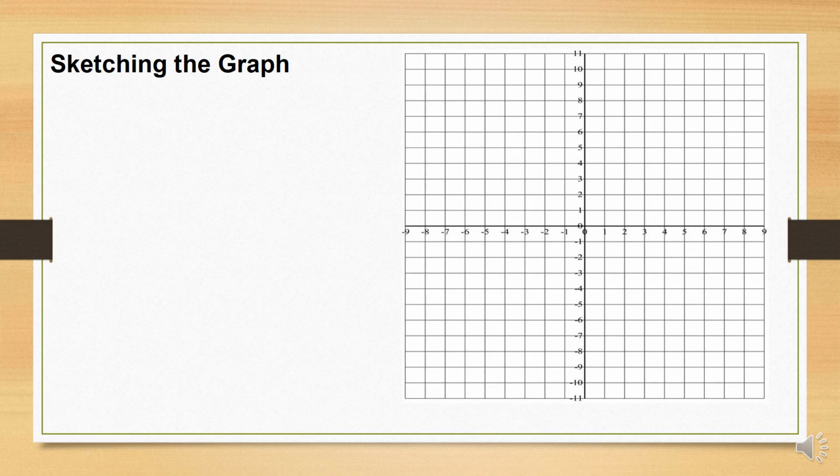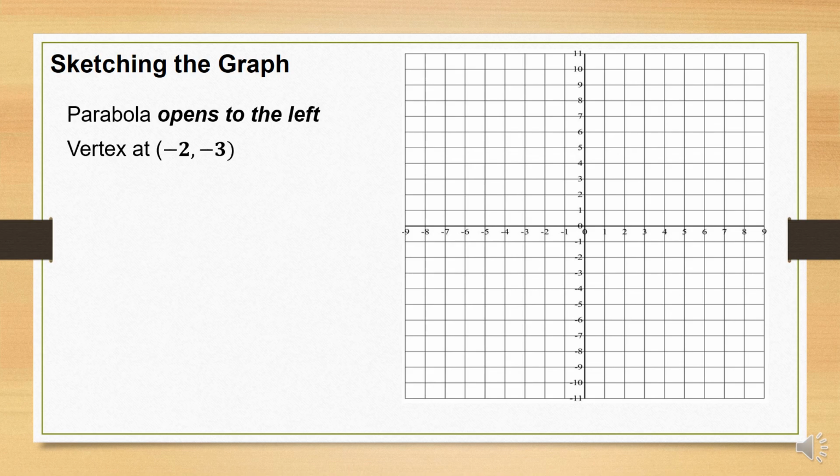Let us now sketch the graph of the parabola. Since we already know the opening of the graph, since it opens to the left, then the vertex at -2, -3. So we're going to locate that in our Cartesian plane. -2 and -3, so nasa third quadrant.